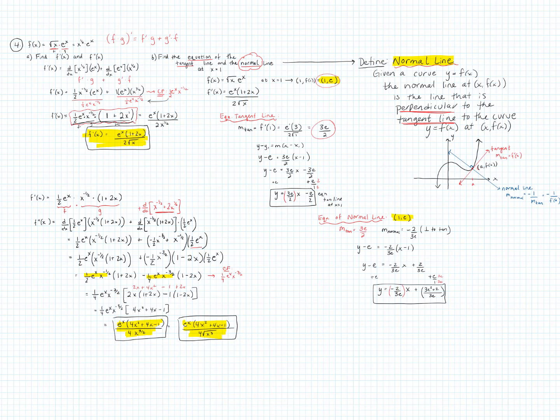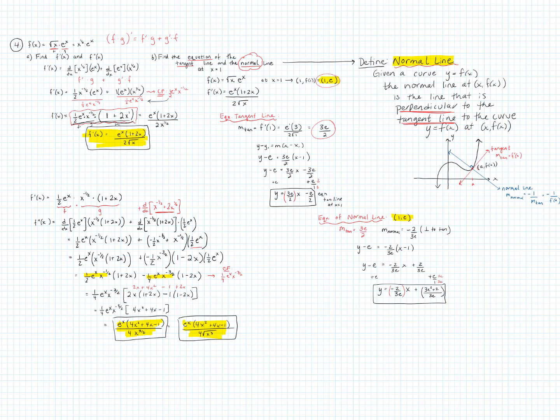Now we have a full view of that problem that we've just done, which we took through both the first derivative and the second derivative, and then we did an application and asked what the equations of the tangent line and the normal line were at the specific point 1e at x equals 1.